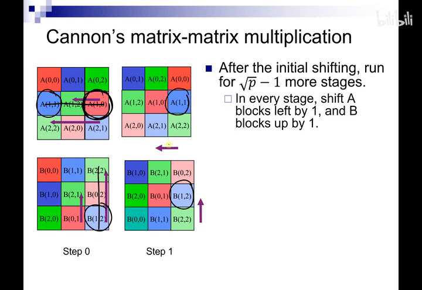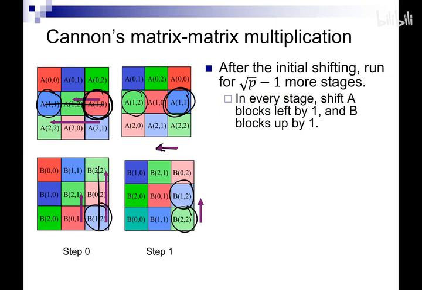Then the third step would be, again, you shift everything over to the left or upwards by 1 more. After that shifting, this process will end up with this green block of A and this green block of B, and it multiplies them. The process is keeping track of the running sum of all the blocks.